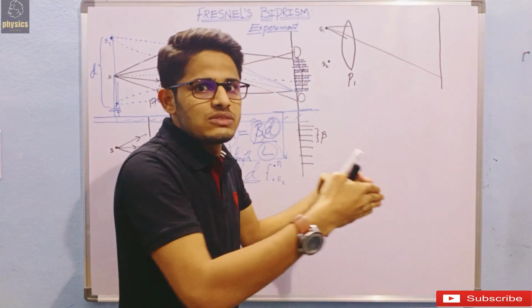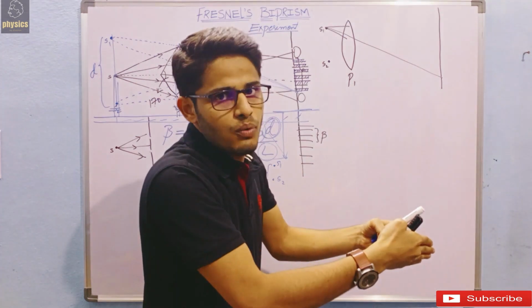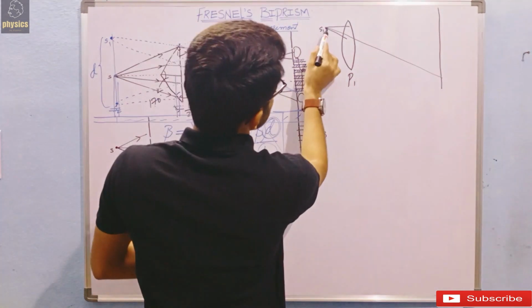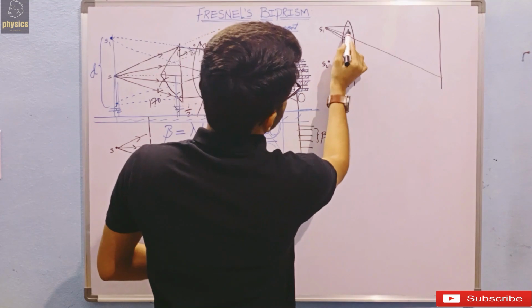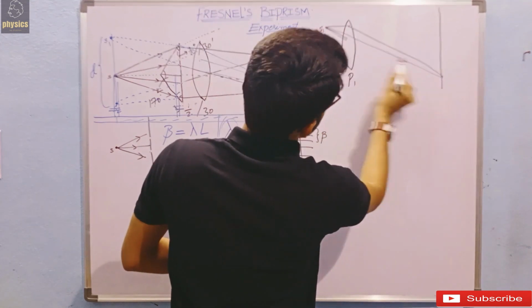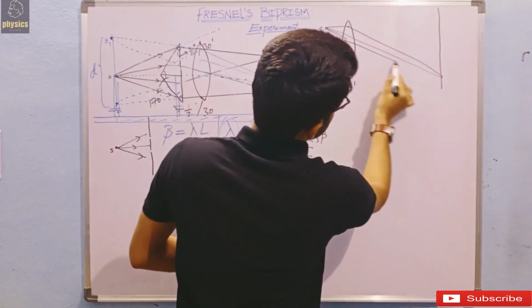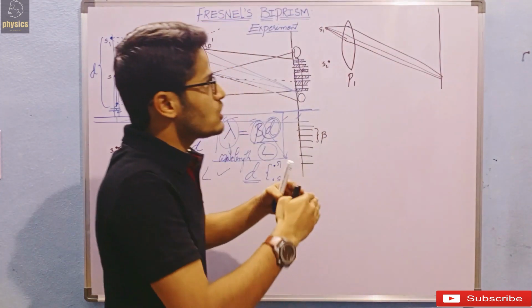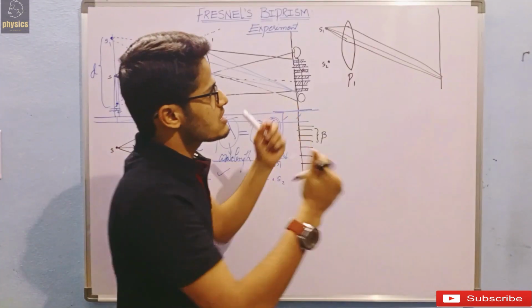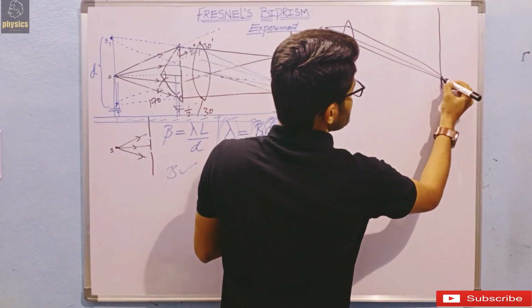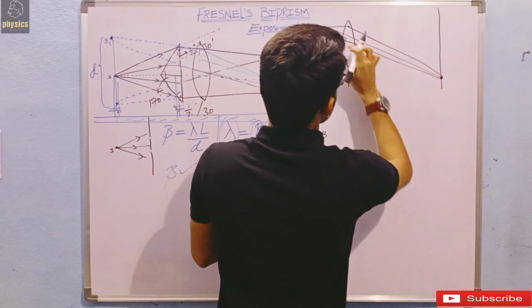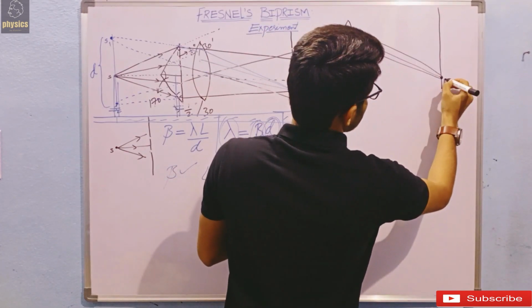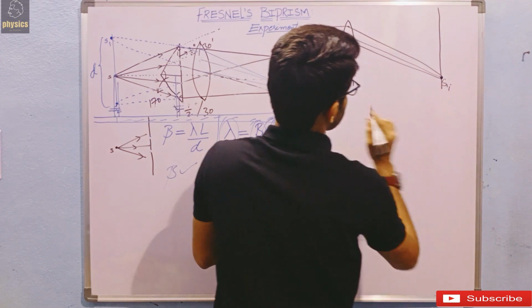So all the light rays will focus at some particular point. From this light, whatever light comes, it will get focused on this particular point. So instead of getting the whole light, we are just getting a single bright spot due to S1 here. So this is the S1 image.